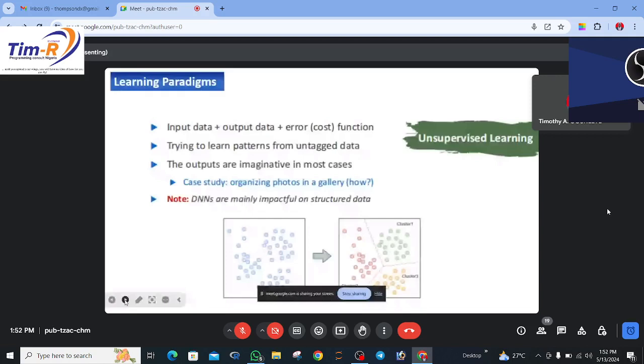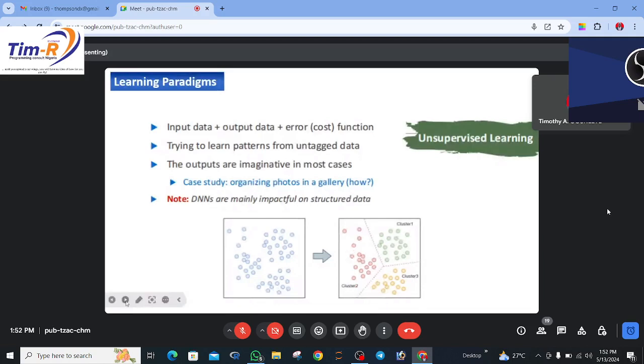The case study is organizing photos in a gallery. Also note that deep neural networks are mainly impactful on structured data. Here we can see that it created a cluster for them: cluster one, cluster two, cluster three. That's unsupervised learning.